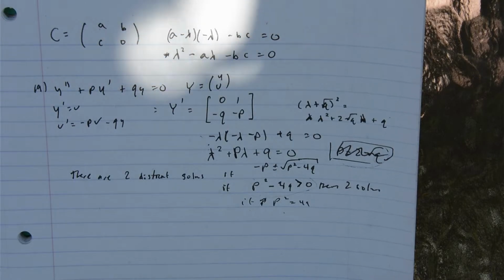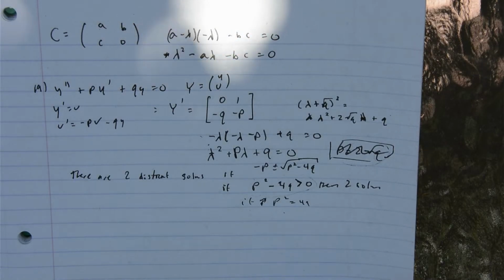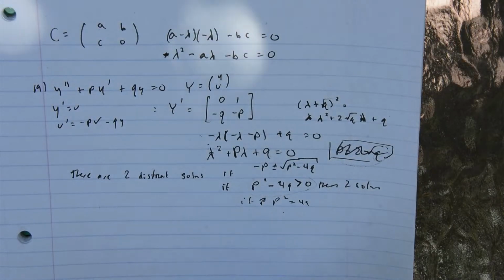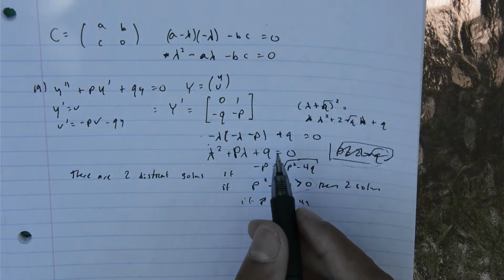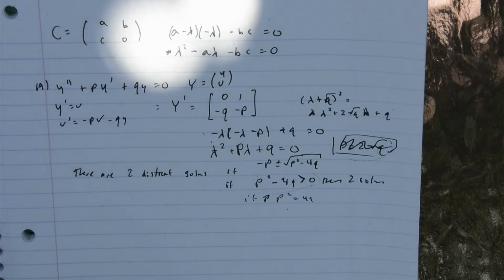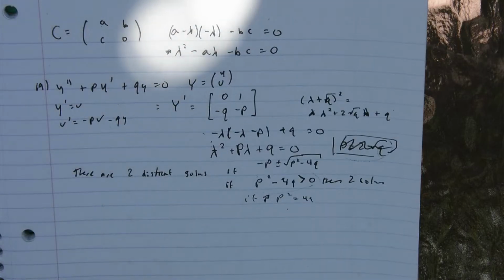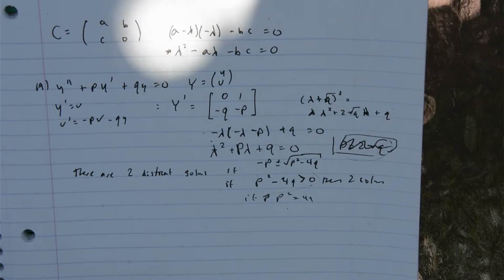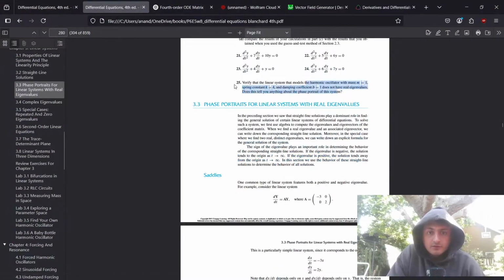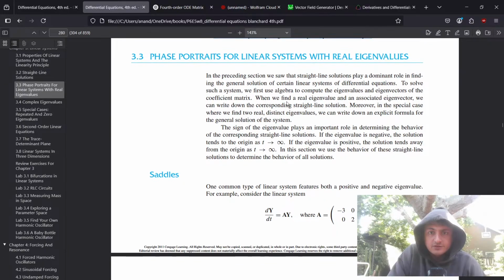All right, so that is section 3.2. We'll hop back into 3.3 and do phase portraits for linear systems with real eigenvalues.